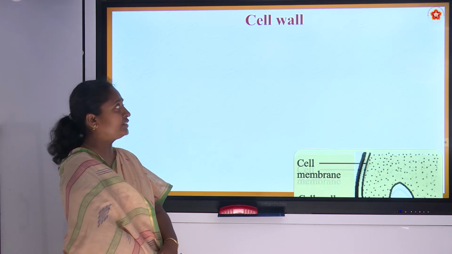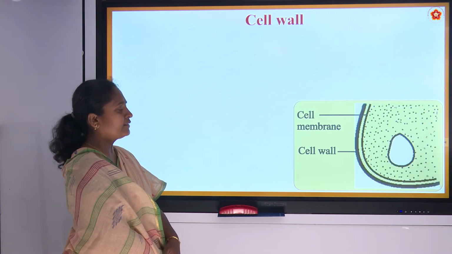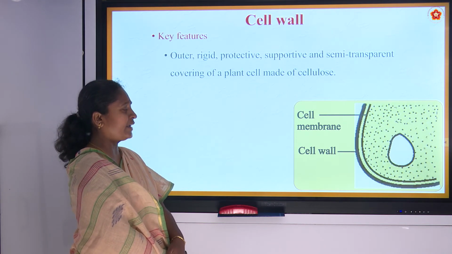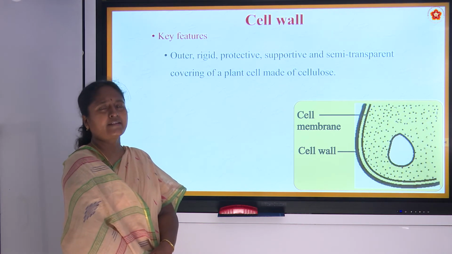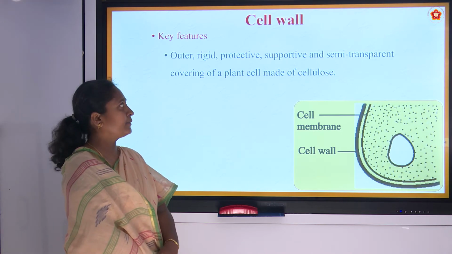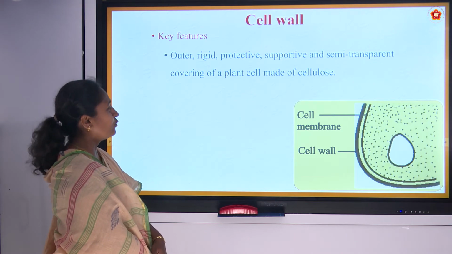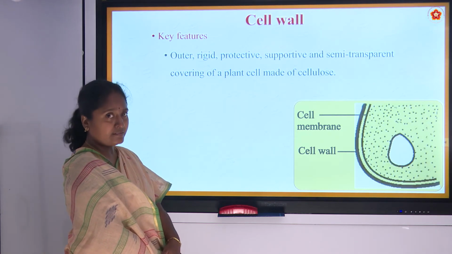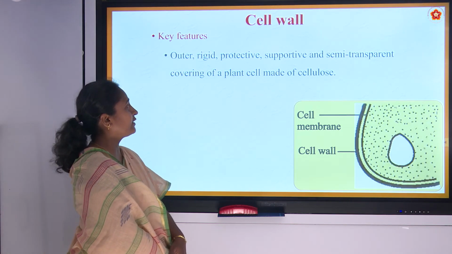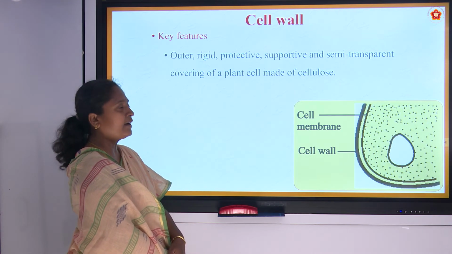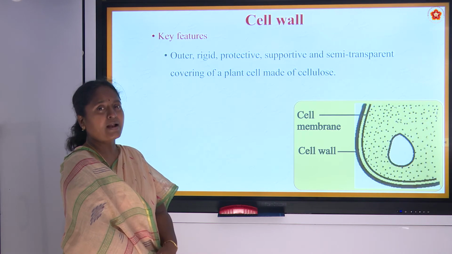It gives some rigidity to the cell and also it is square shaped, right. When we are drawing a plant cell, we usually draw a square or rectangular shape, right. That proper shape is given by the cell wall. It is present on the outer side of the plant cell and it is very rigid. Rigid means very strong, okay, and it is protective because of its strength, it will protect the plant cell.